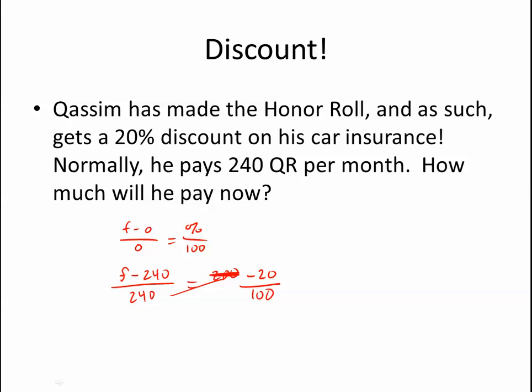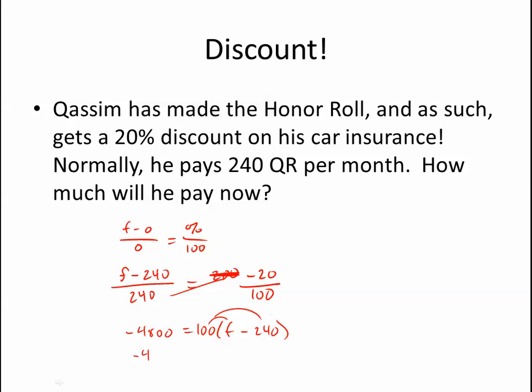And so we go 240 times negative 20, which will be negative 4800, and 100 times this, which I'm going to go ahead and put in parentheses just because a lot of students will forget to distribute this. And so it's not just 100 times 240, it's also 100 times F. This way I will remember.